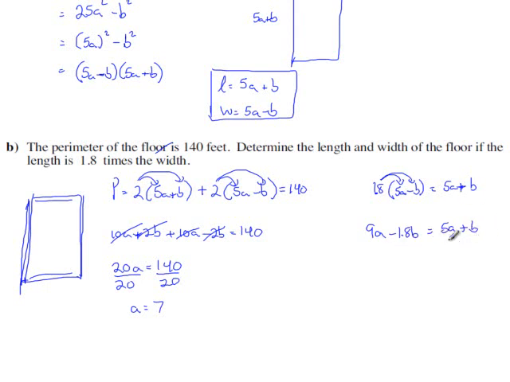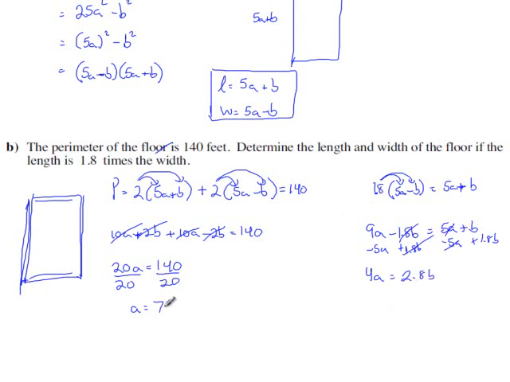So I'm going to move these around so that I get a's on one side and b's on the other. I'll subtract 5a from both sides. 9a minus 5a is 4a. And I'll add 1.8b to both sides. So b plus 1.8b equals 2.8b.